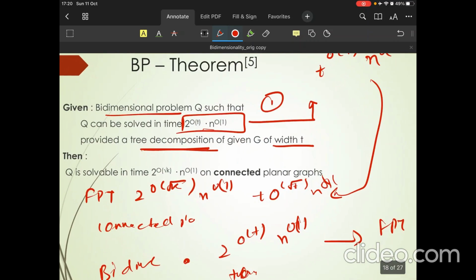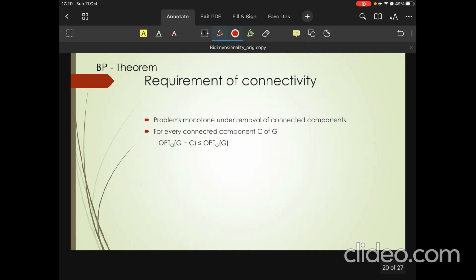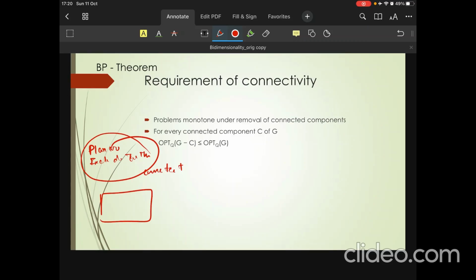We'll now, okay, so the biggest assumption here was connected planar graphs in BP theorems. So why connected? I'll say why connected is there, because we have used the planar excluded grid theorem, which had this assumption of connectedness. And intuitively, why did we have this assumption?